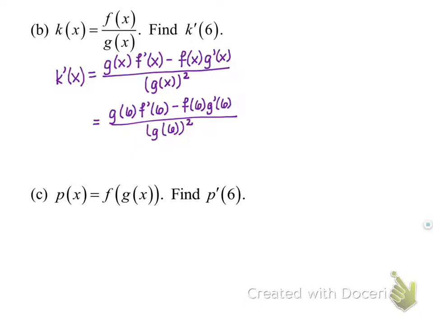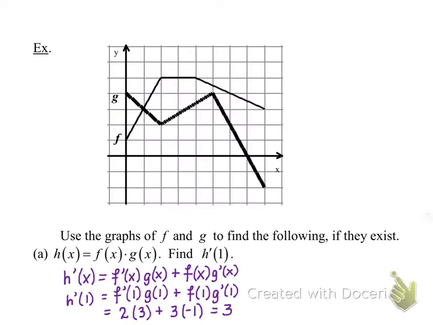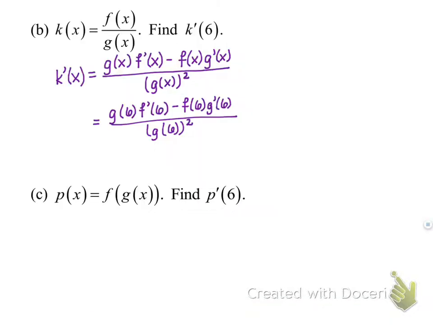Okay. Everything looks so... Oh, 60. Haha. That sounded really silly. Okay, so we look at our graph and g of 6: 1, 2, 3, 4, 5, 6 is 4. So we're going to replace that with 4.